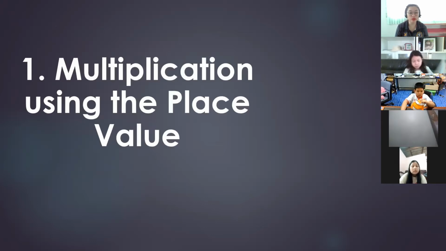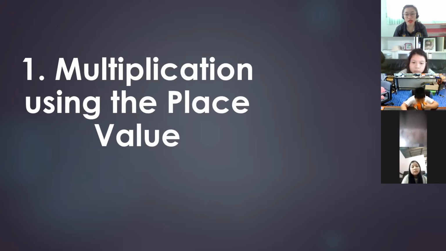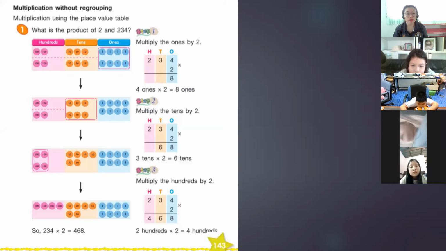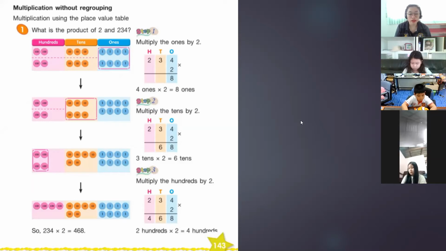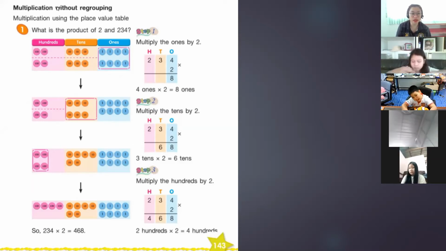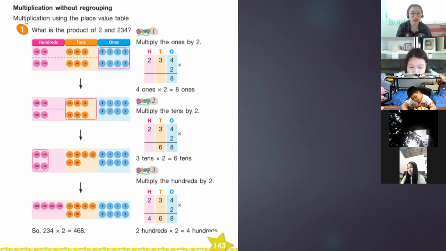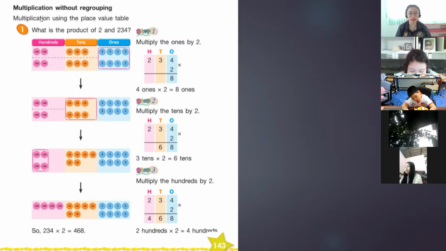First we're going to start with multiplication using the place value. We're going to multiply using the place value of the digit. We have here on page 143 multiplication without regrouping, using the place value table.